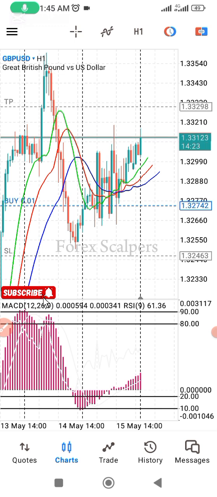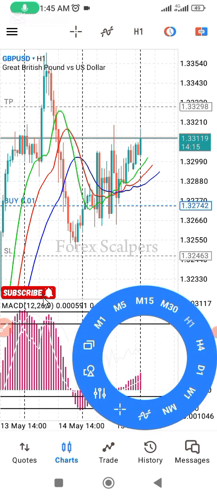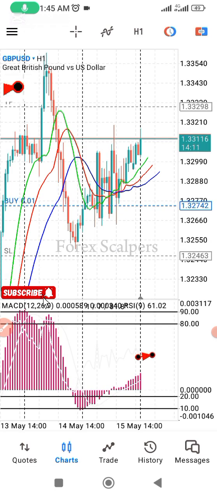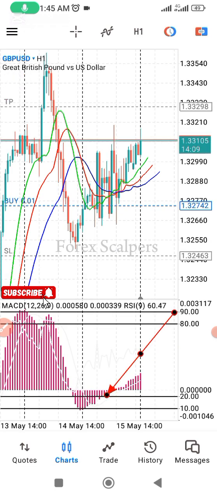First of all, we begin by looking at the momentum, which is the strength of the market. So what is the momentum? We are paying our attention to our indicator window. Here is our indicator window. If you look at this particular level here, you realize that there is a number here, 0.00.